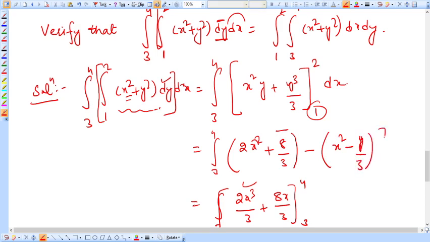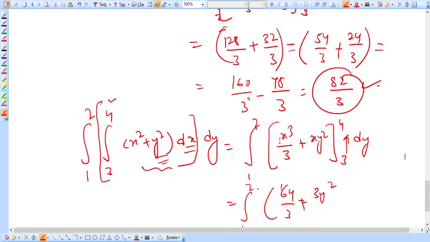I forgot to write this here. So in the next step it would be 2x square minus x square, which would be x square only, so there would be no 2 here.